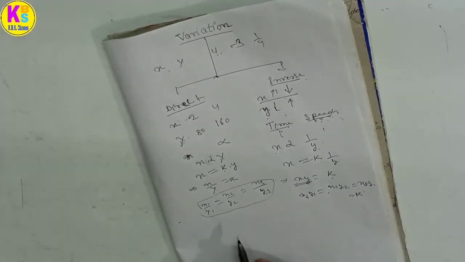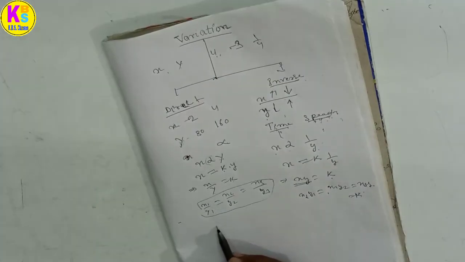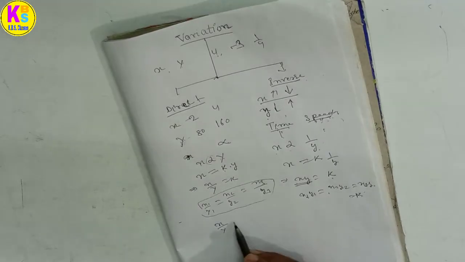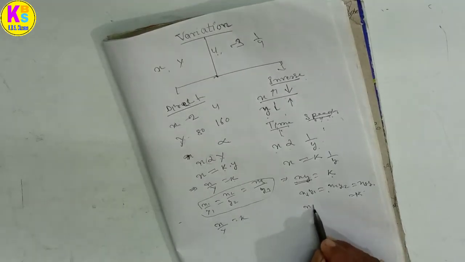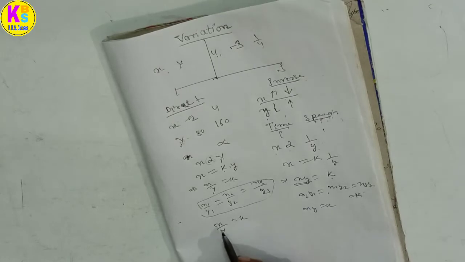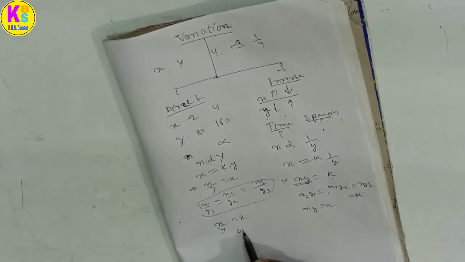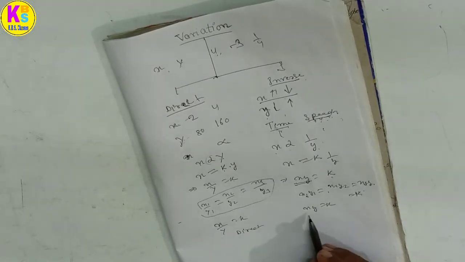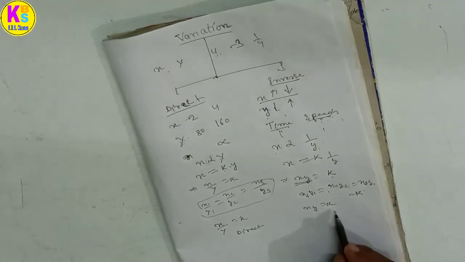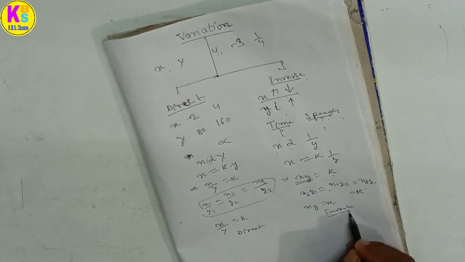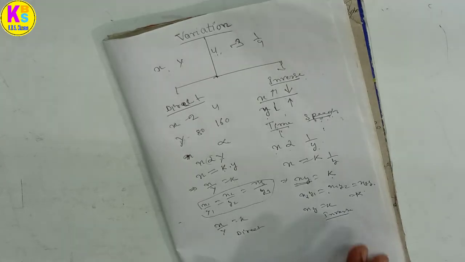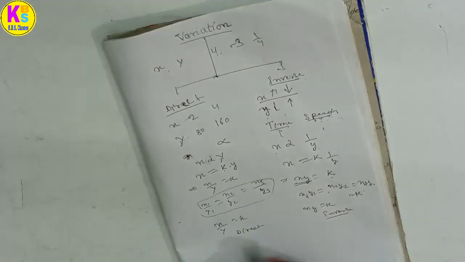So simply we can say that if x by y is constant, it is direct variation, and if x into y is constant, then it is inverse variation. Now we have to do some sums according to these two rules.